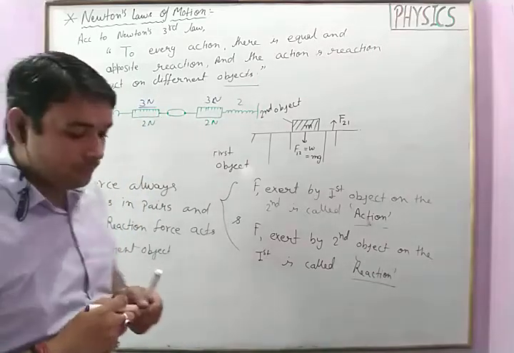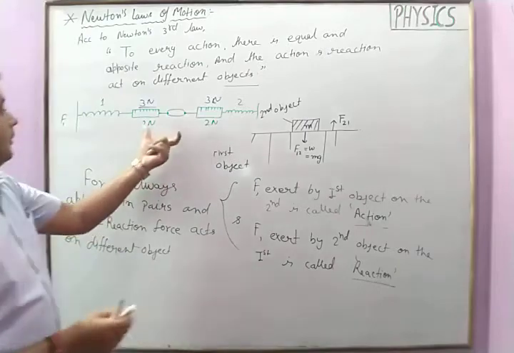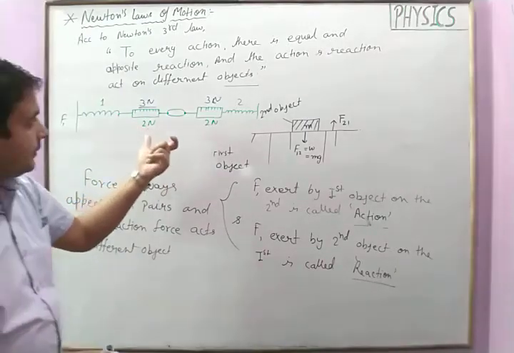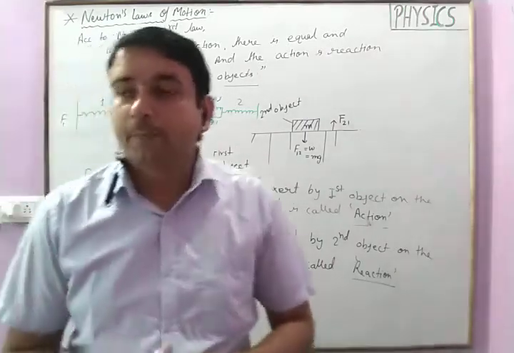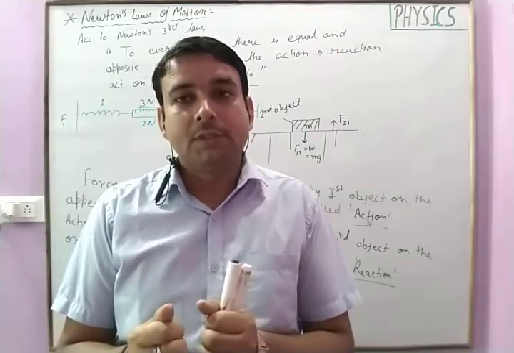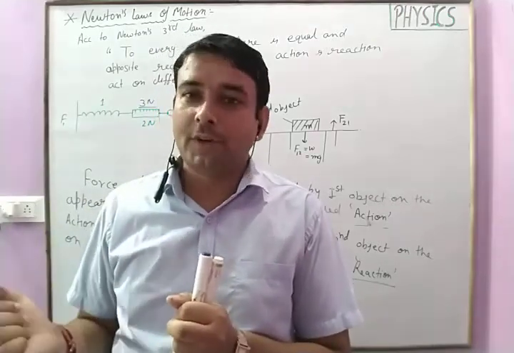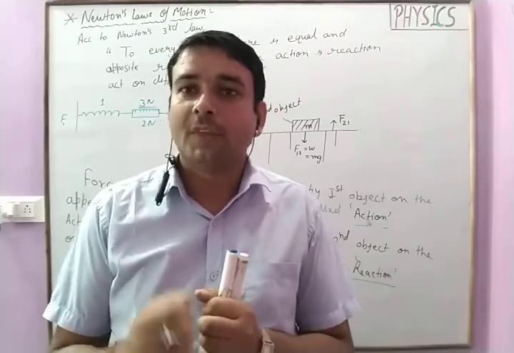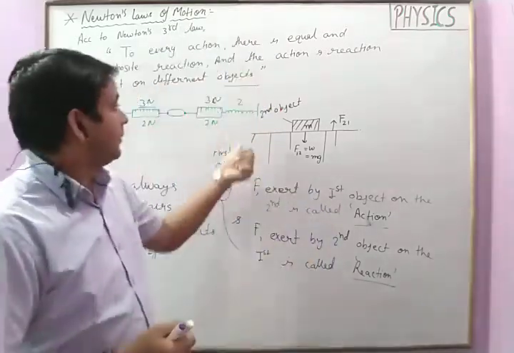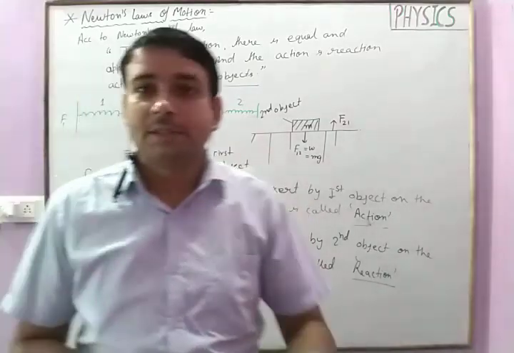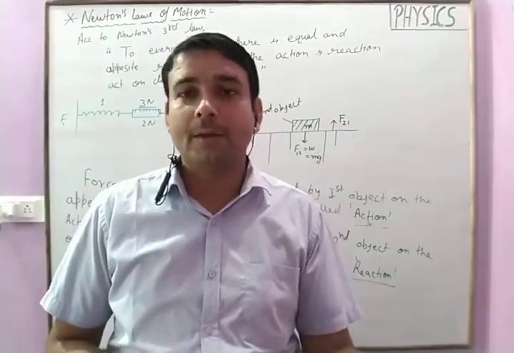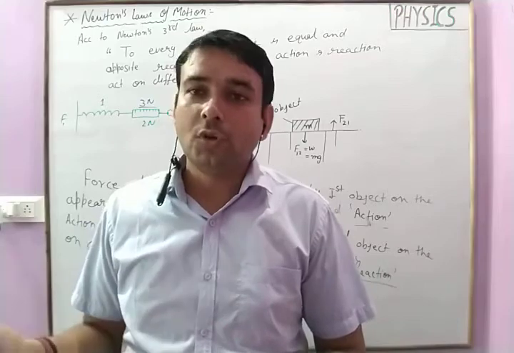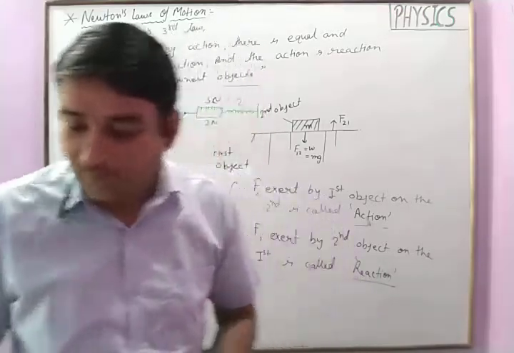So we understood by this simple example that the force applied on the first is equal to the force experienced by the second, and the force applied by the second is equal to the force experienced by the first.